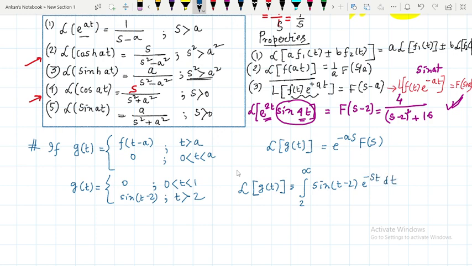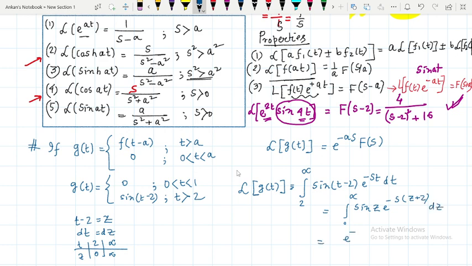Now let us take t minus 2 as another variable z, so that dt will be dz. The limits change: t equal to 2 gives z equal to 0, and t equal to infinity gives z equal to infinity. So it results in the integral from 0 to infinity of sine z e to the power minus s(z plus 2) dz.